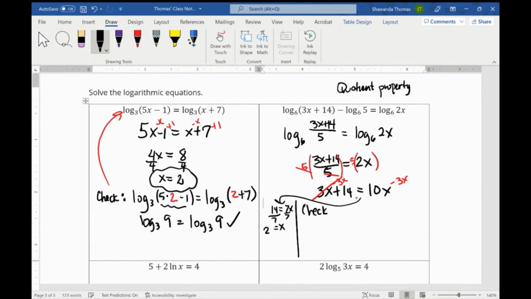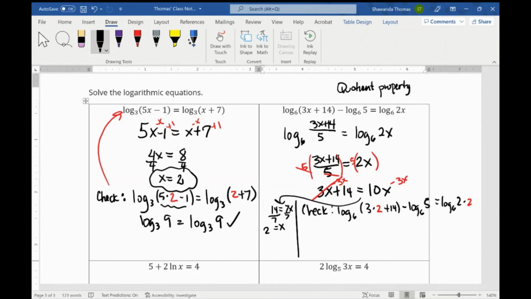Check. So the original equation was log base 6 of 3 times, we're going to plug in 2. That's what we came up with. We need to determine if this is truly the answer. Minus log base 6 of 5 equals log base 6 of 2 times 2.